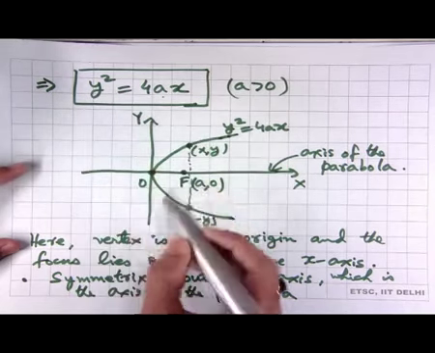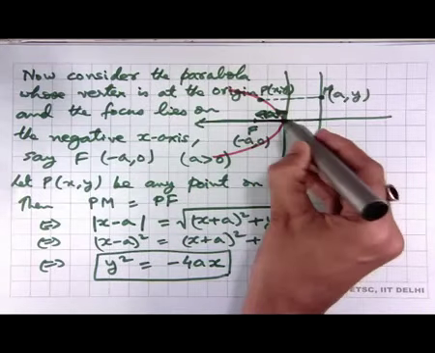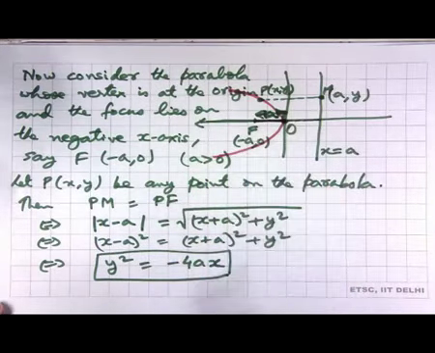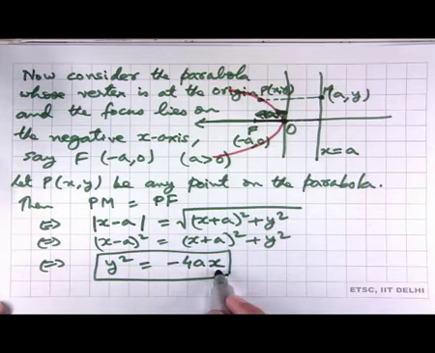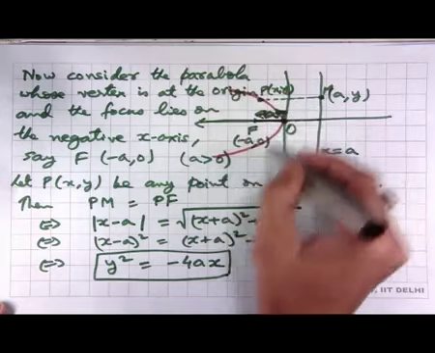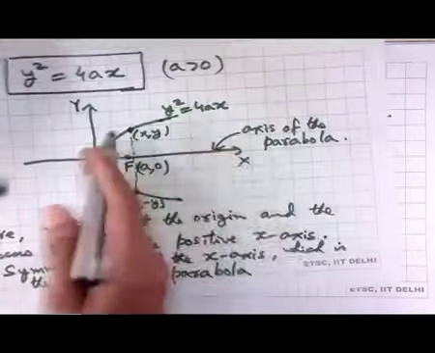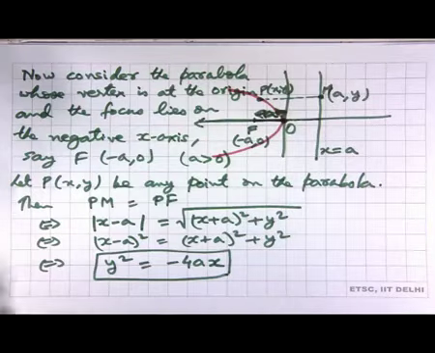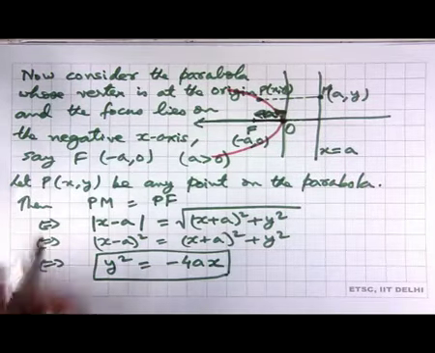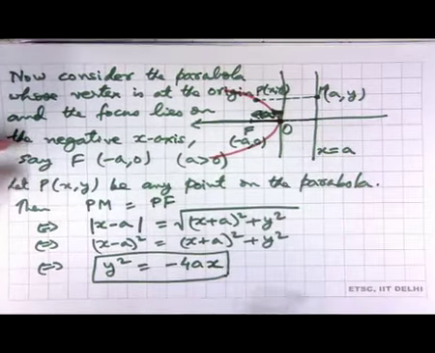So, x is always non negative in this case, whereas in this case we have y square equal to minus 4 a x, because a is positive, x can never be positive in this case. So, this lies completely in the left half plane and this lies in the right half plane. So, this is the equation of this parabola, where the focus is on the negative x axis and vertex is at the origin.